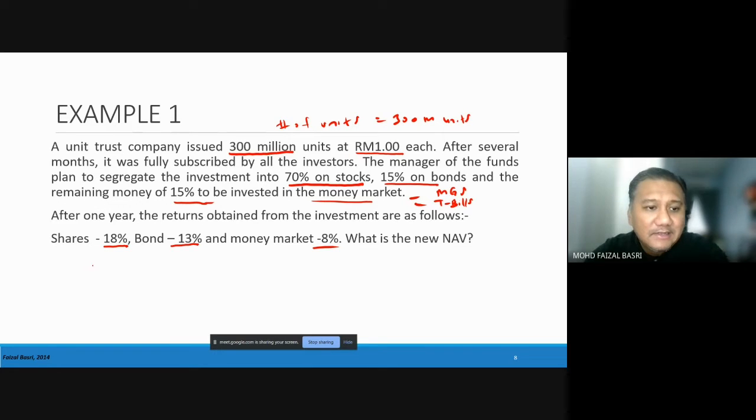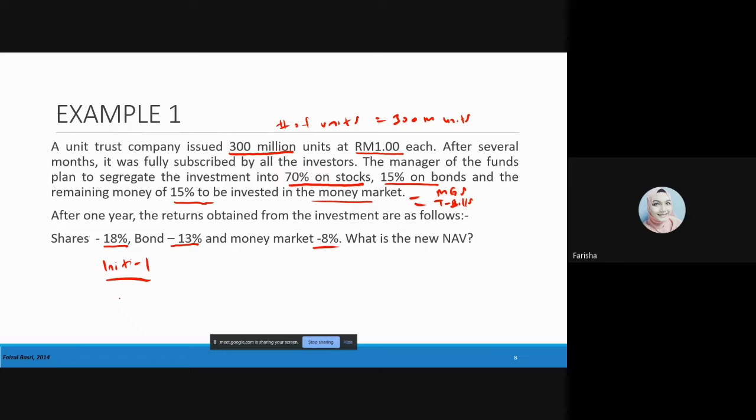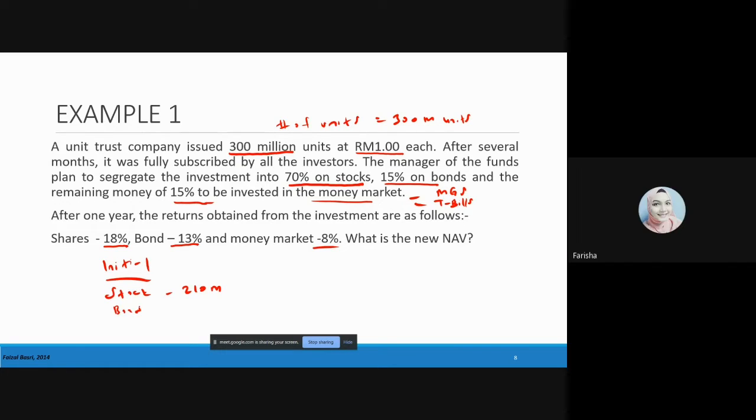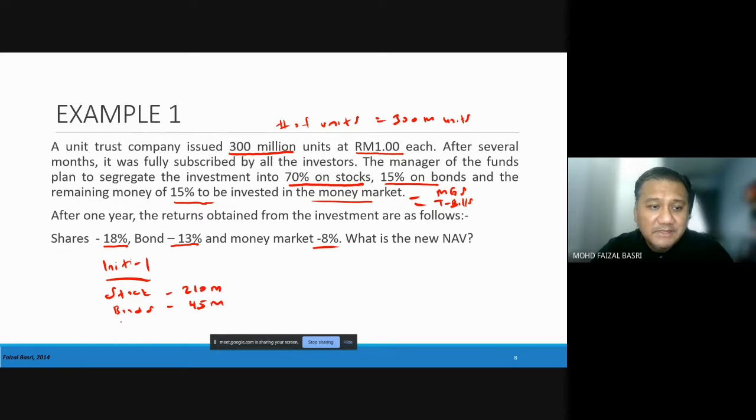Okay, so this initial 300 million tu, dia split into 70%, 15 and 15. So 70% of 300 apa? 210 juta. Okay, so stock akan ada 210 million. Bonds 45 juta. Also sama dengan money market, also 45 million. So total semua is 300 kat sini.